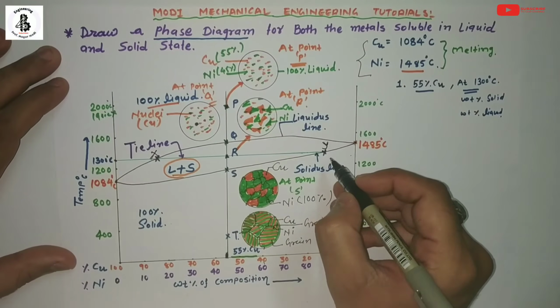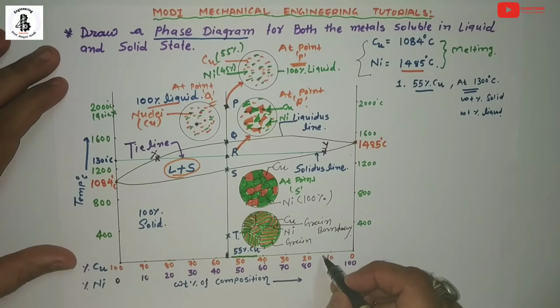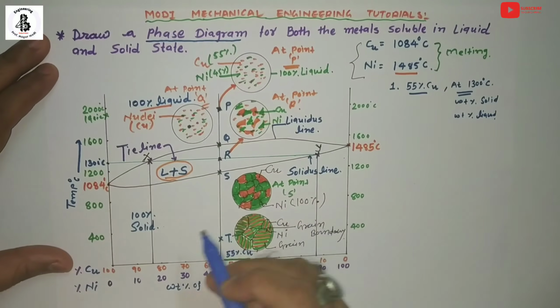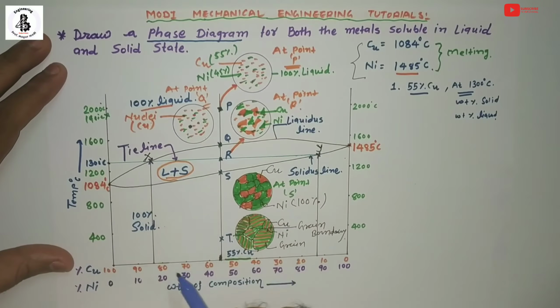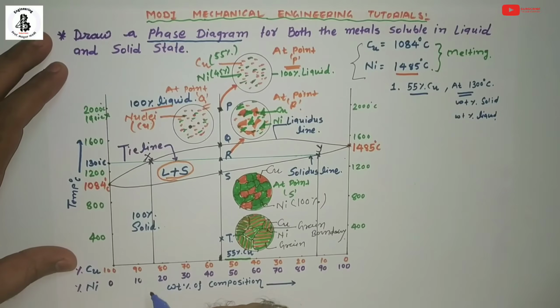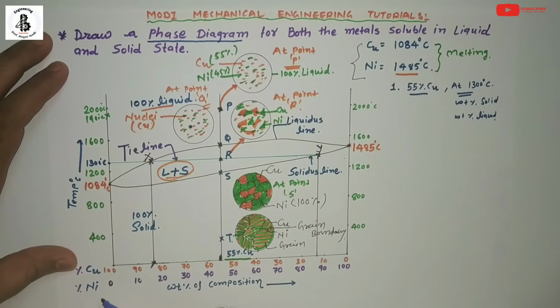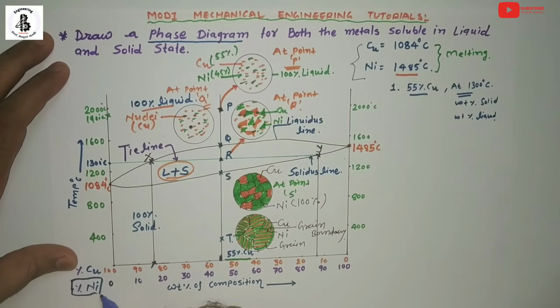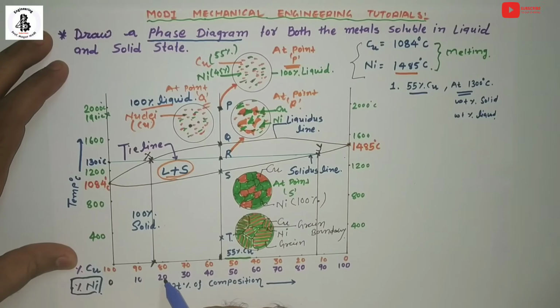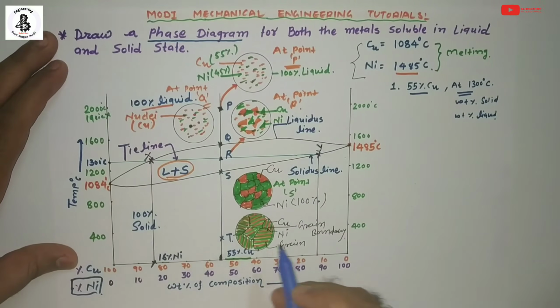Now make projections onto the X axis, or composition line. From the X point it is projected onto the composition line. I will consider the weight percentage of nickel. Here it is around 16% of nickel.